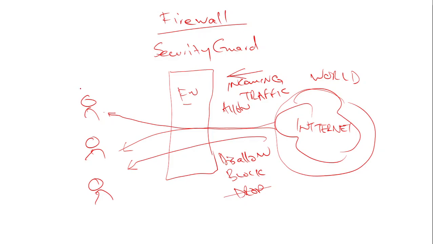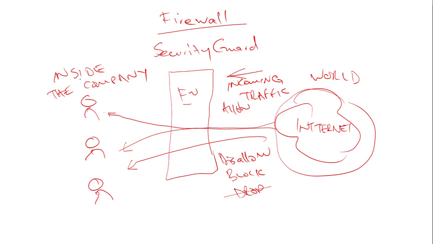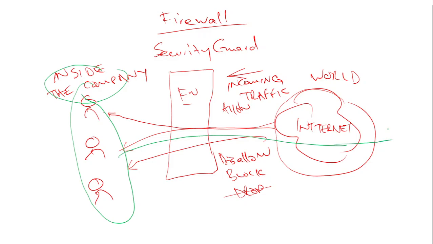But we also have our users inside the organization, inside the company. These users can also go into the internet, and they can go where we don't want them to go. They might go to sites that are full of viruses, or watch things that we don't want them to watch.